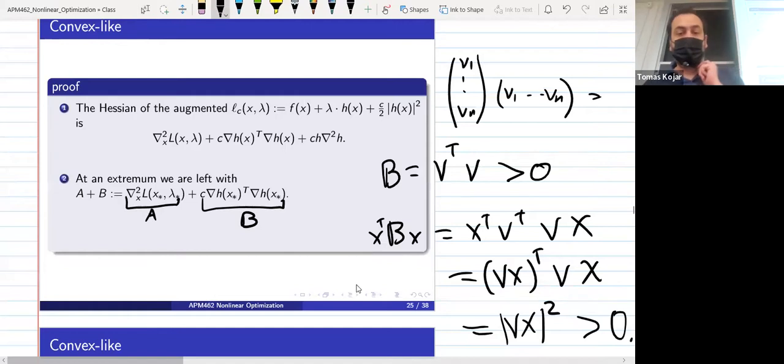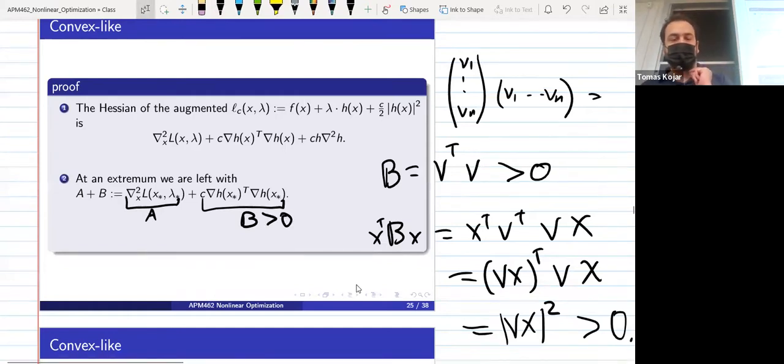All right, so this is positive definite, and A is positive definite on the set where the gradient of h times v is 0. Do you know why? Which condition are we using? Do you remember? This is the KKT.